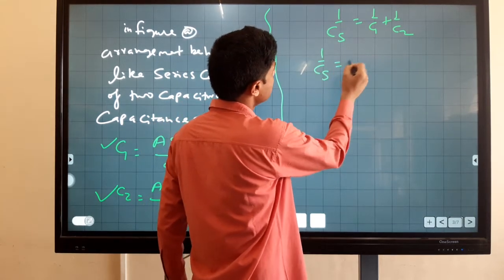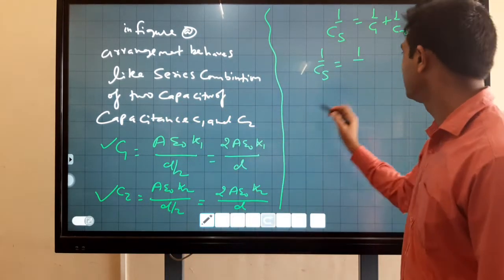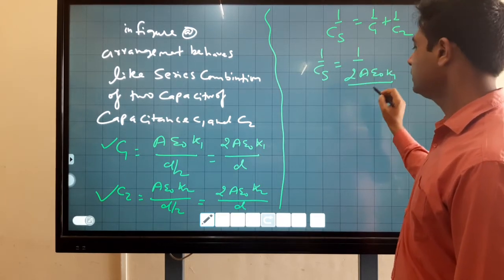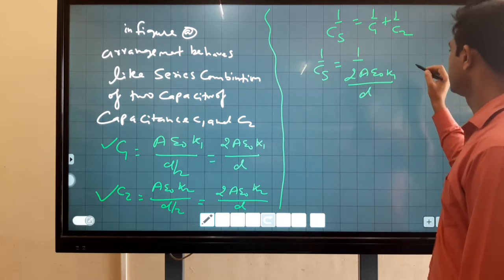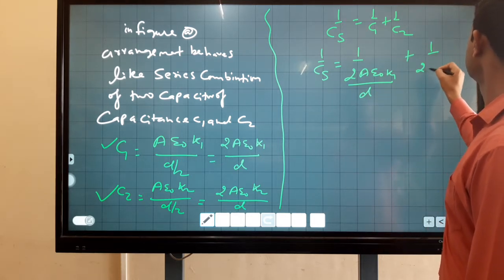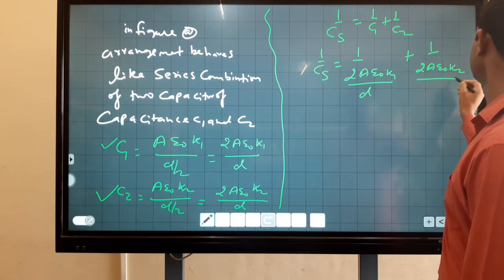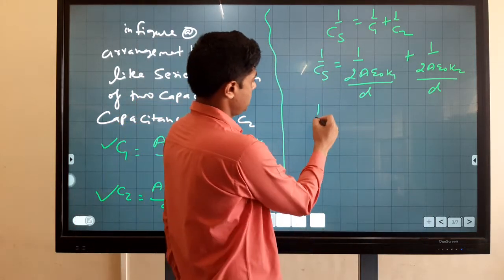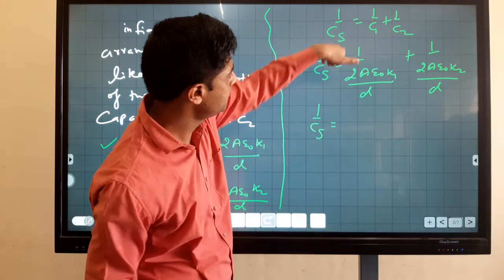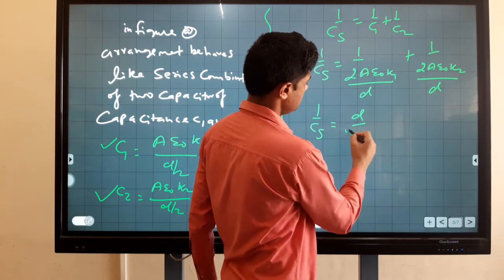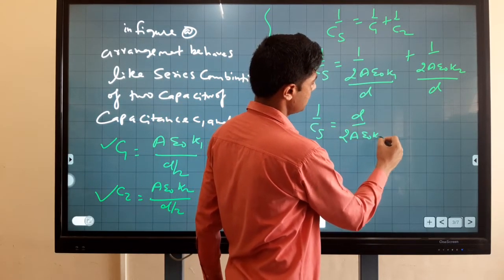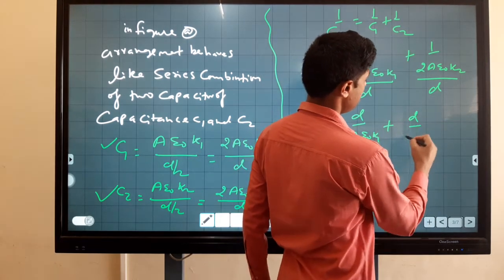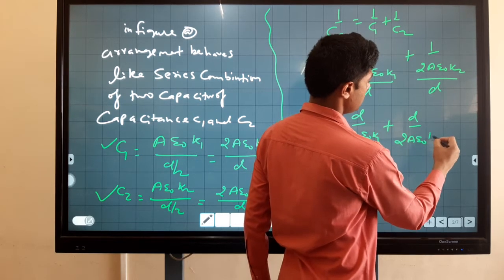So 1 upon CS equals D upon 2A epsilon naught K1 plus D upon 2A epsilon naught K2.